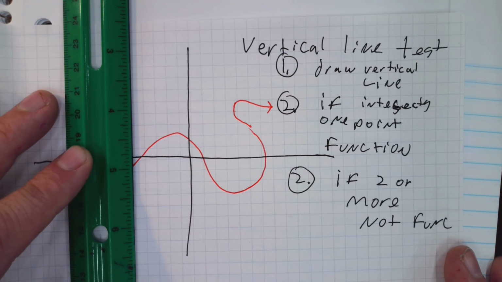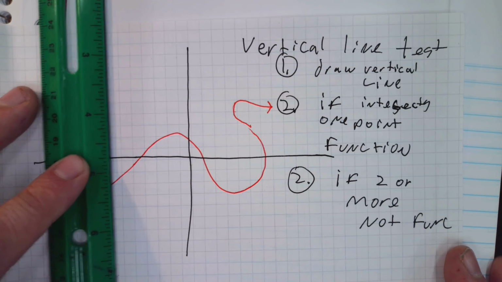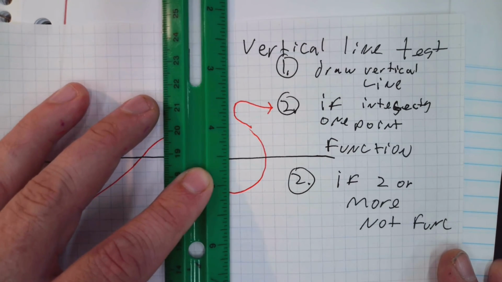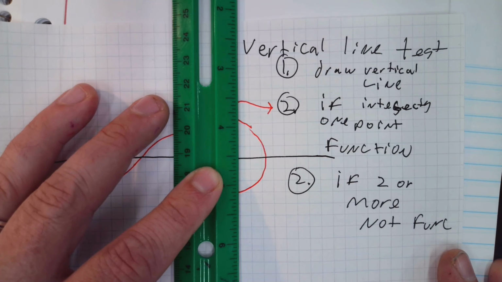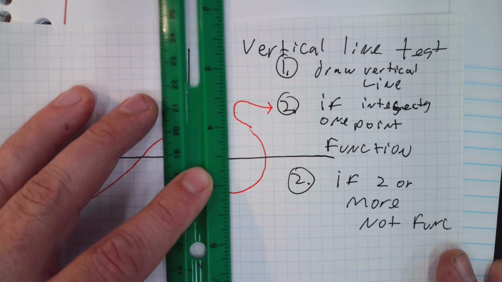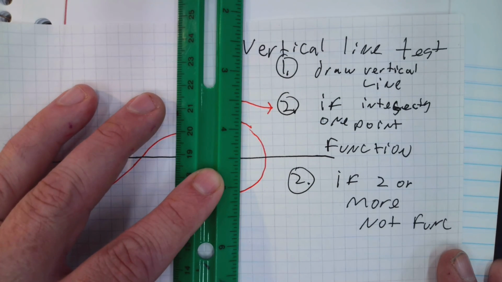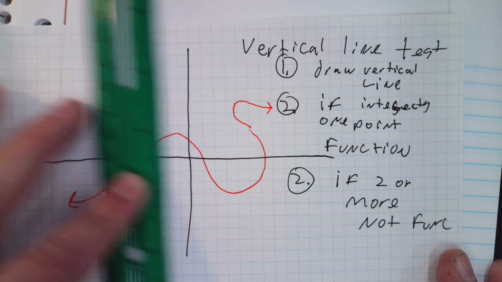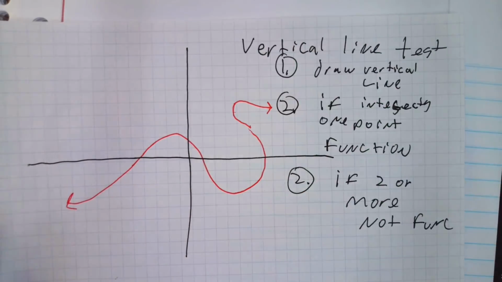No. Okay, my goal is to actually find that it's not a function. So I can just keep it going, vertical line. And how many times does it touch now? 2. Or 3, right? Or 3, yeah. Does it matter? No. Once it hits this point right here, not a function. Okay, can I make this hard? Not really. It's just a vertical line. So we're going to do that.